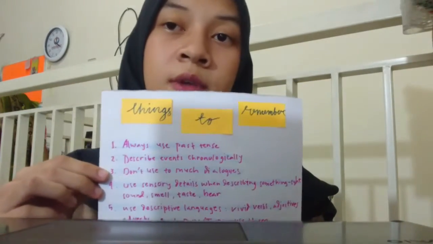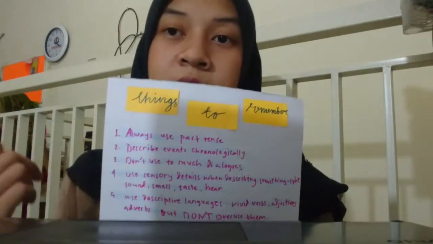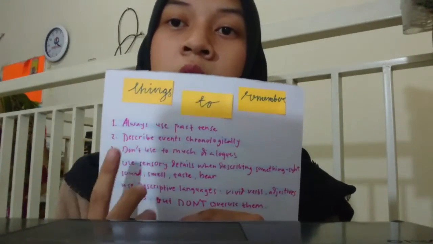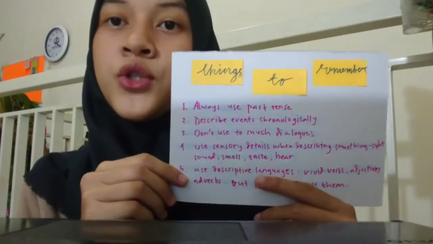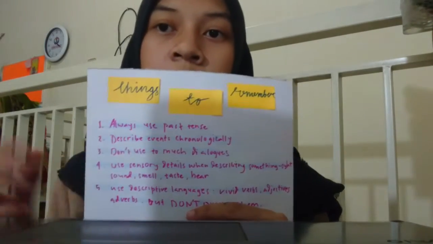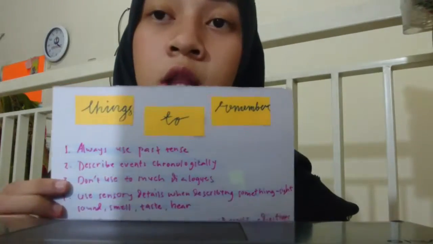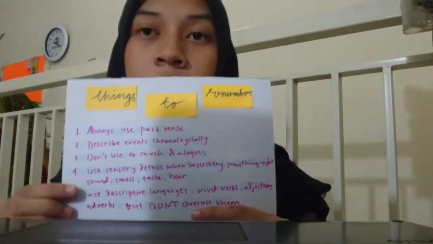This is the important things about narrative essay. First is narrative essays always use past tense. And number 2 is narrative essays describe events chronologically. And number 3 is don't use too much dialogue in narrative essays.